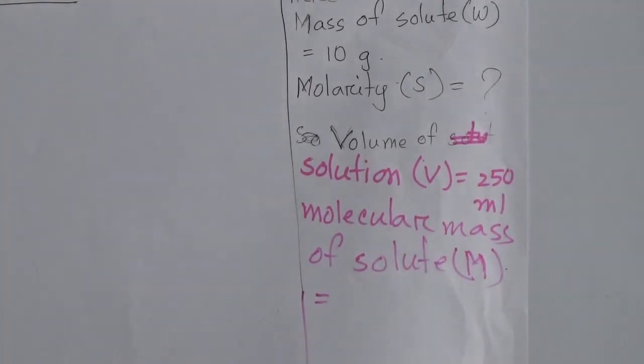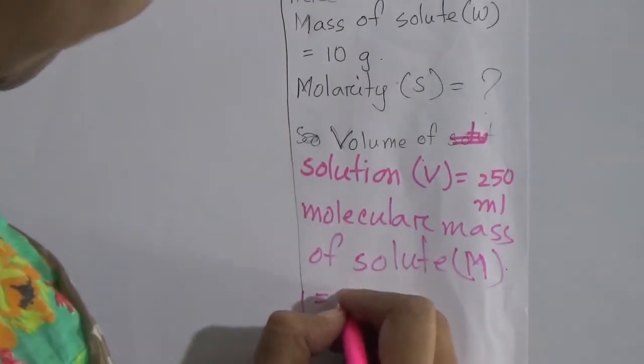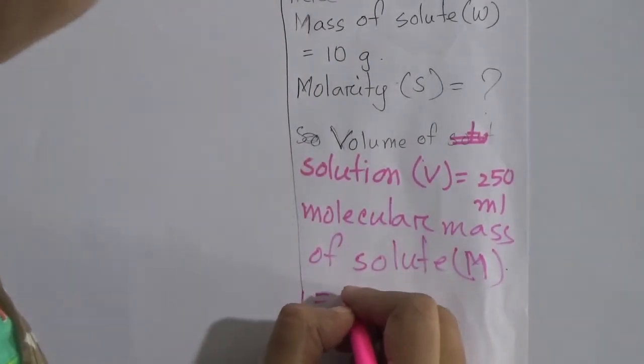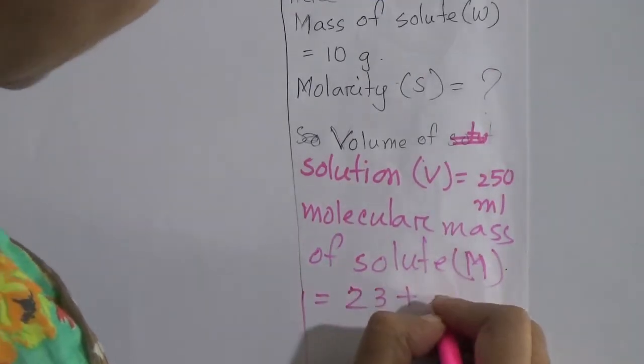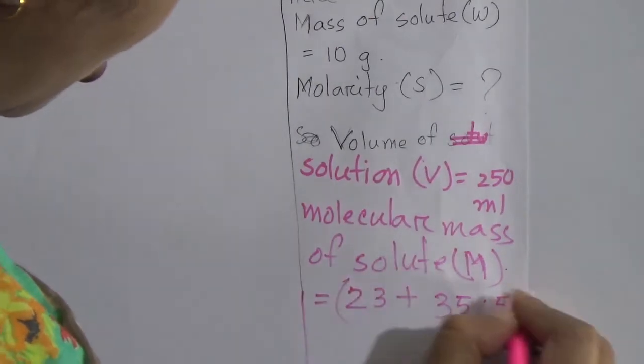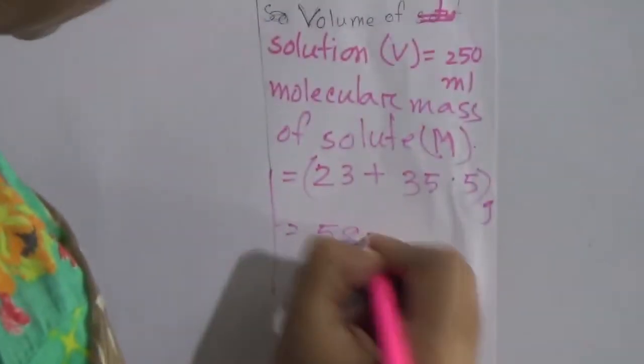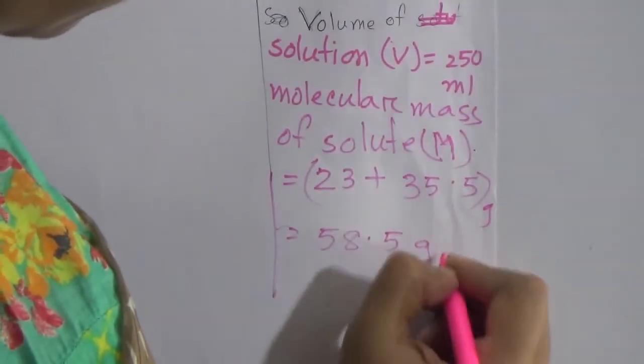And molecular mass of sodium chloride: sodium atomic mass is 23 plus chlorine atomic mass is 35.5. So molecular mass is 58.5 gram. That is the capital M.